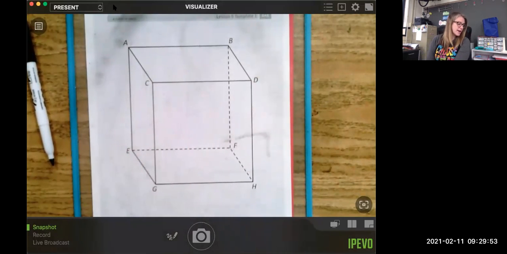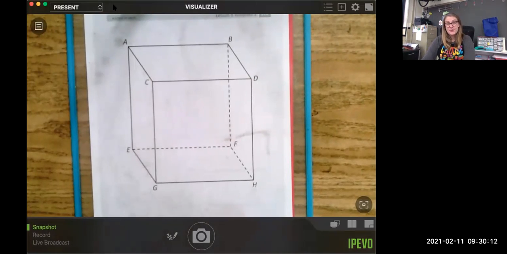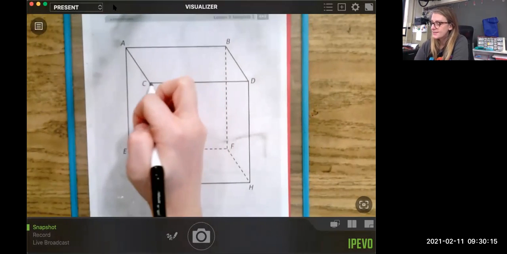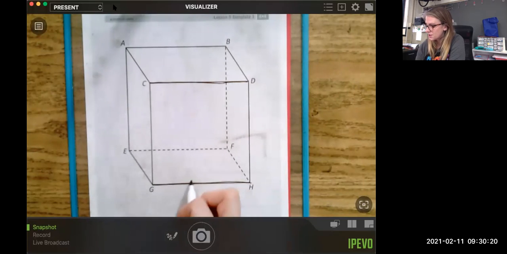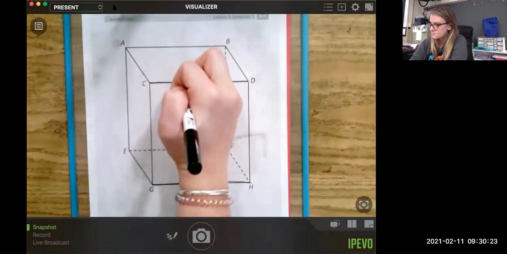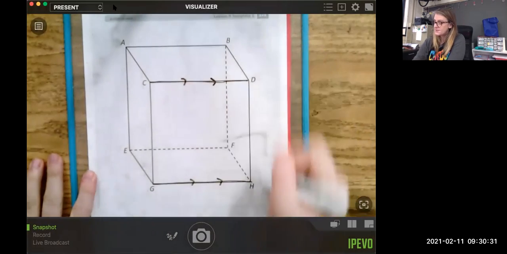Okay, what I want you to do right now is identify pairs of parallel lines in this cube. So immediately looking at this cube, I notice that line CD is parallel to line GH. And CG is parallel to DH.